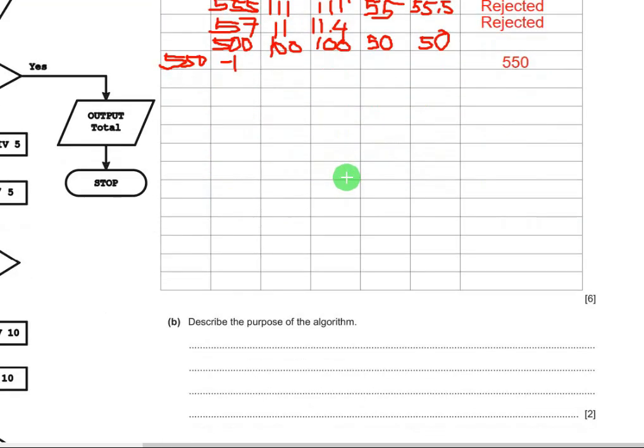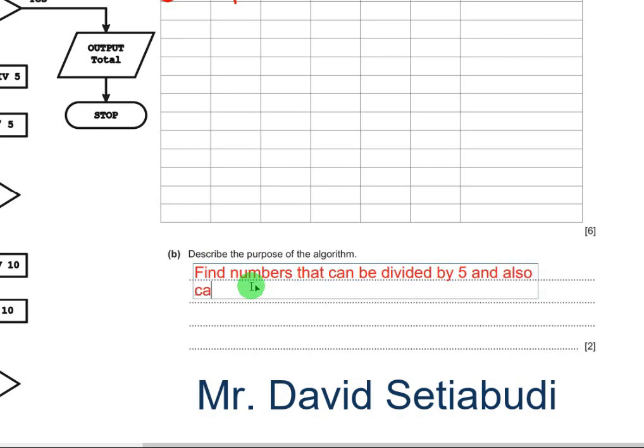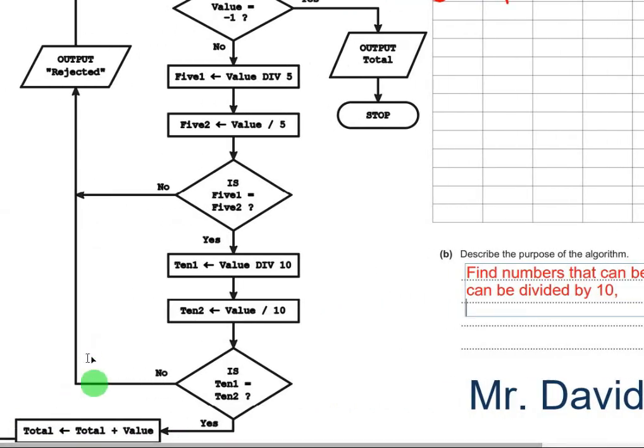So the purpose of this algorithm is to find numbers that can be divided by 5 and also can be divided by 10. And we need to check at the end is the total plus value.